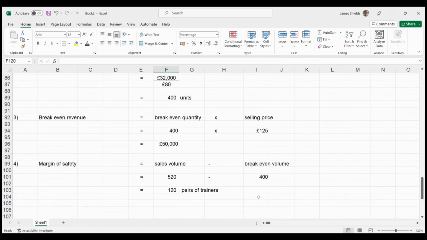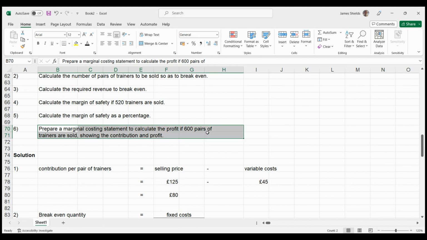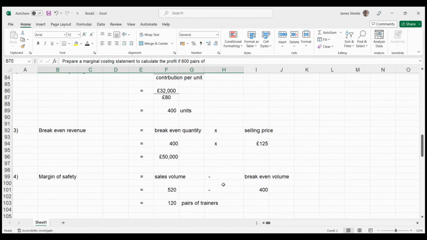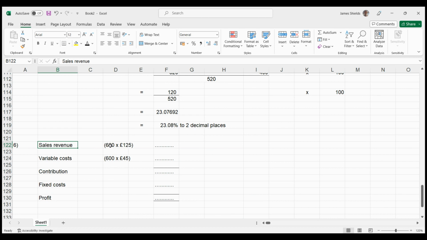Now, part 6, prepare a marginal costing statement to calculate the profit if 600 pairs of trainers are sold, showing the contribution and profit. So this is one of the ways of doing it. The sales revenue is going to be 600 pairs of trainers times £125, which gives us £75,000.